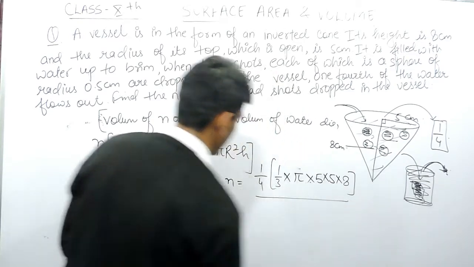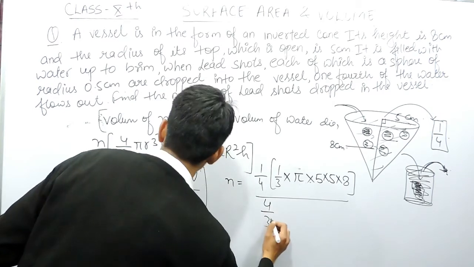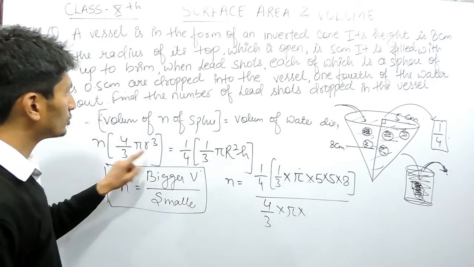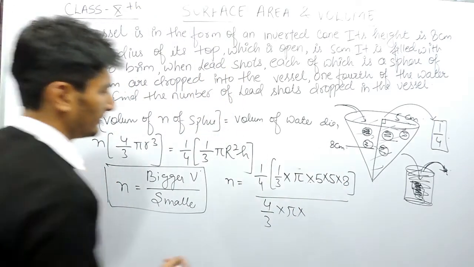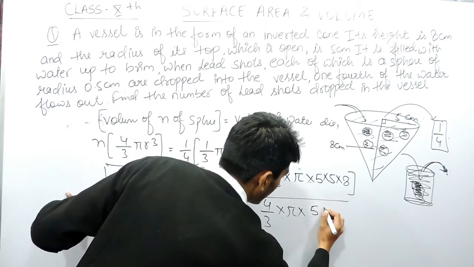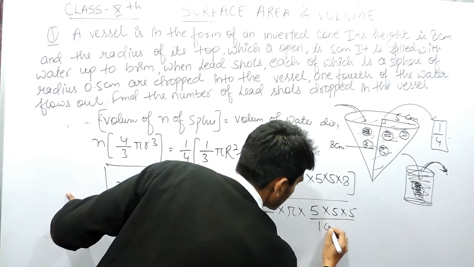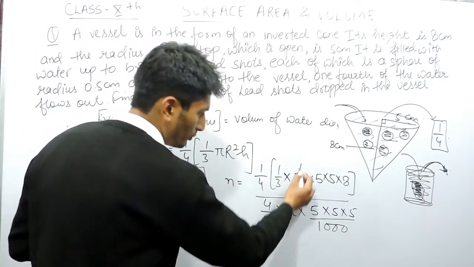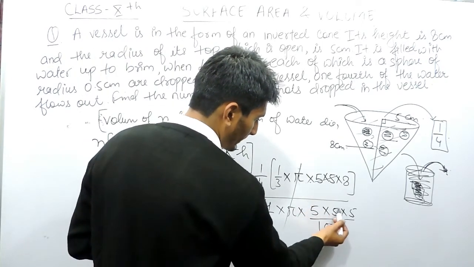And the whole upon this smaller value, which is 4 upon 3 into pi into the radius of this sphere, which is given to you as 0.5 centimeters. So that will be 0.5 multiplied by 0.5 multiplied by 0.5, and if I remove the decimal, there will be 1000 in the denominator. So pi can be cancelled with pi, and 2 5 can be cancelled with 2 5.